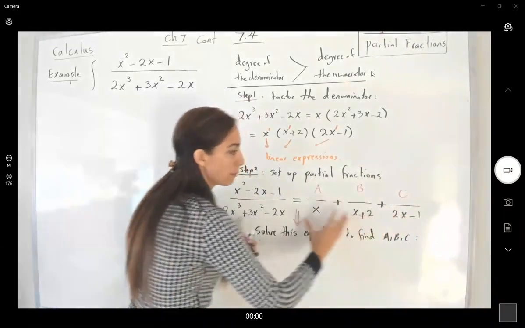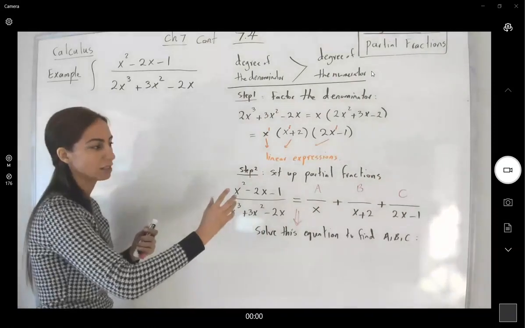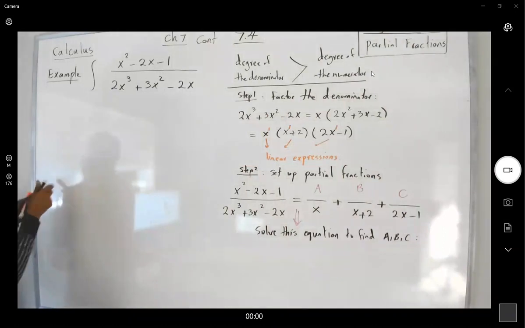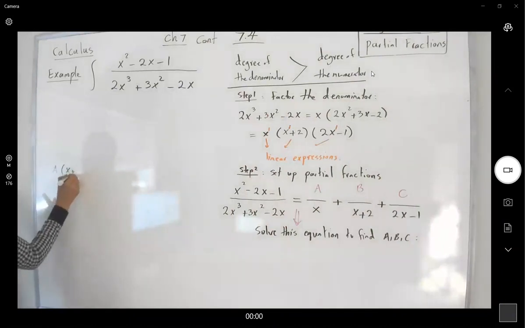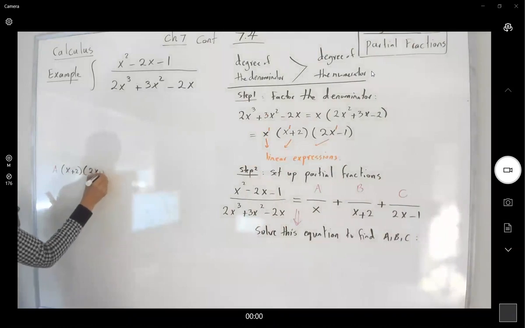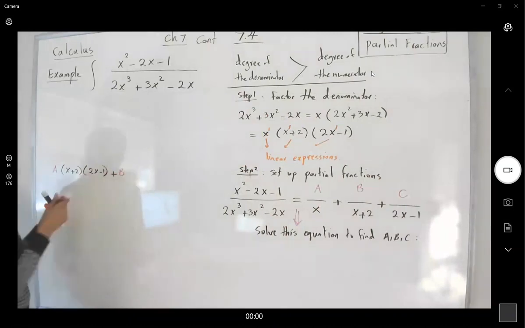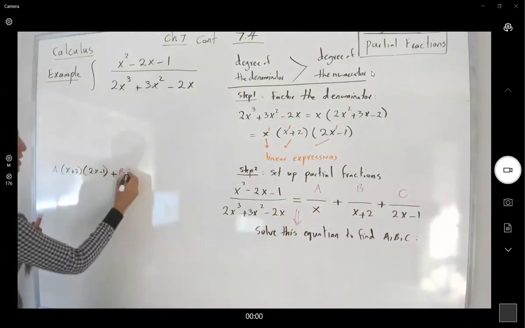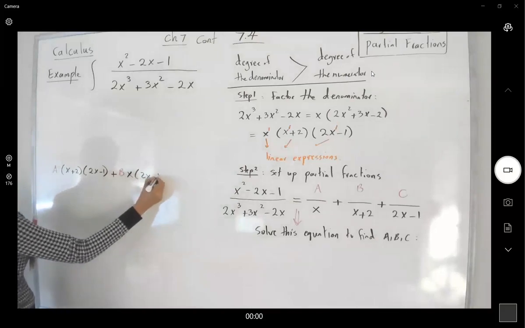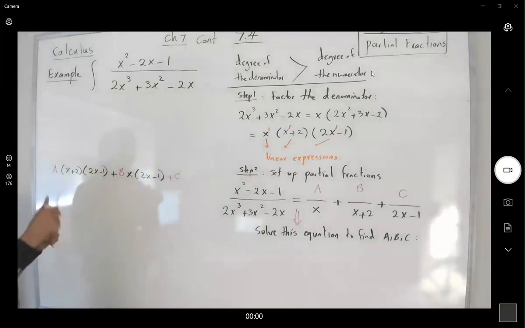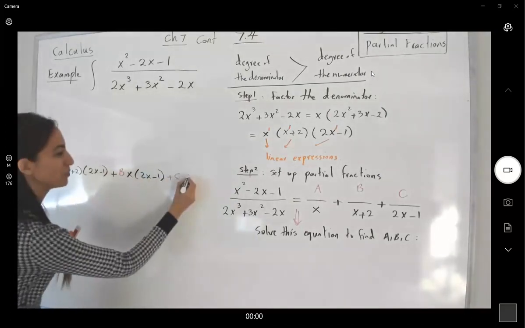If I combine these three fractions, it's going to be A times x plus 2 times 2x minus 1, plus B times x times 2x minus 1, plus C times x plus 2.